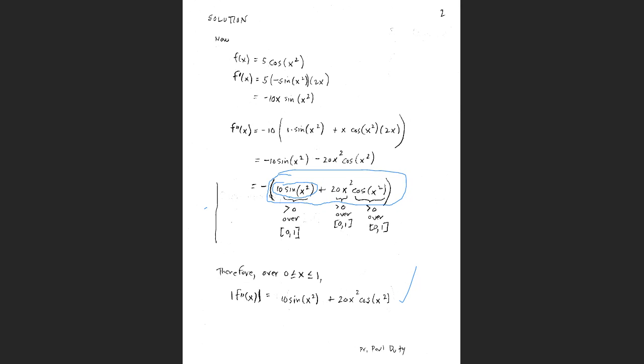Okay, I think I understand. It's between 0 to 1, yeah. Right, and if you look at the quadrants here, the sine function is positive in the first quadrant.